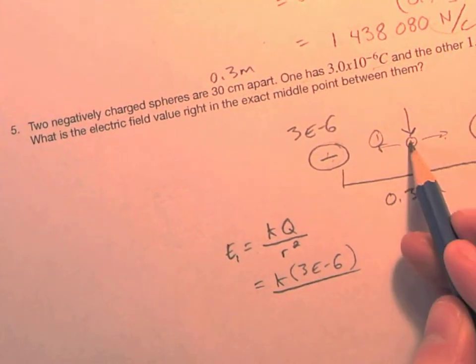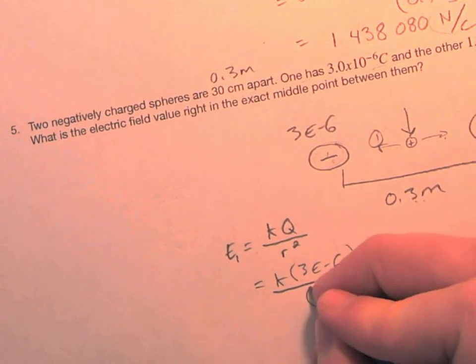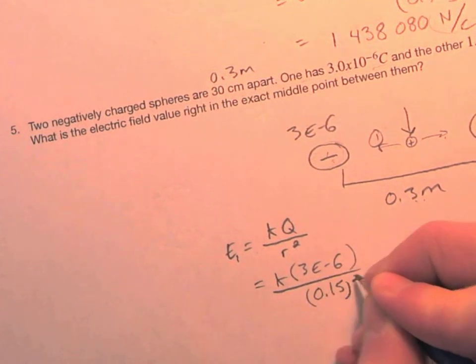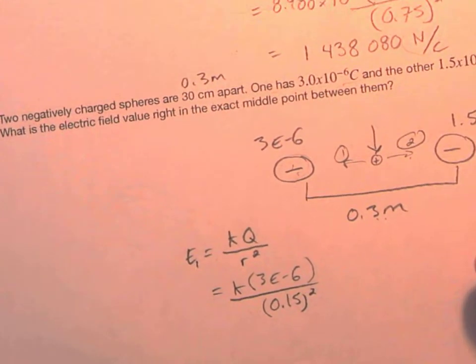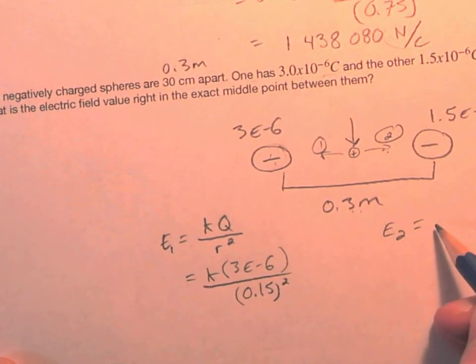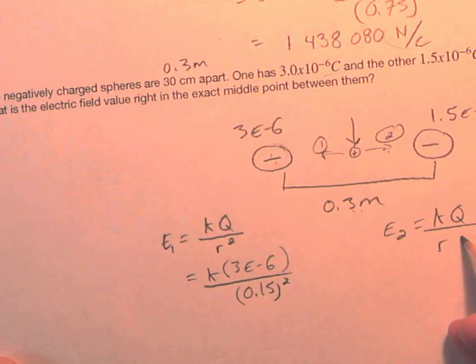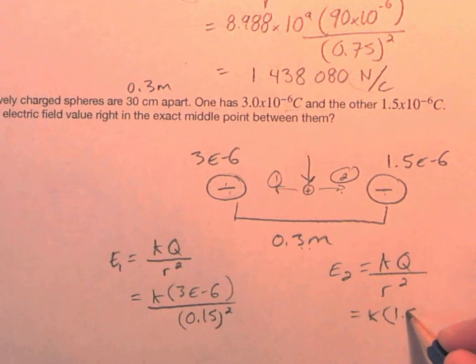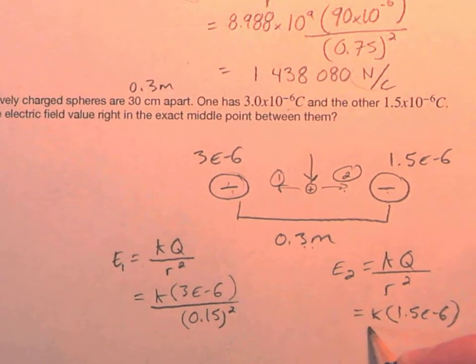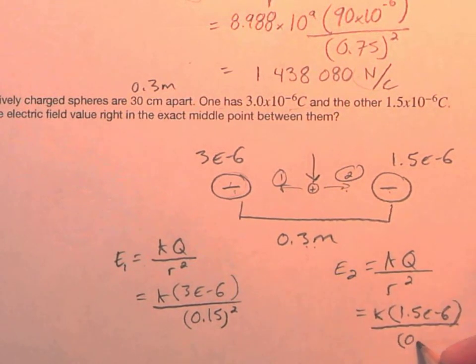This time it's from the middle to there, so it's not 0.3, it's going to be 0.15 squared. Then we're also going to have to do it for the second point, which is E2, which is kq over r squared. This time it's k times this q, and our r again is 0.15.